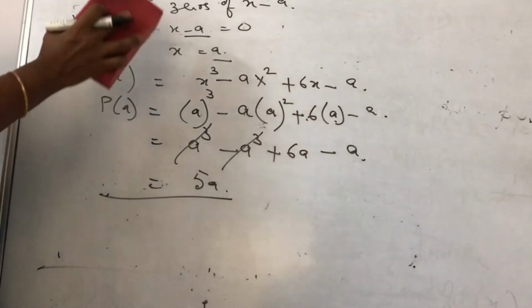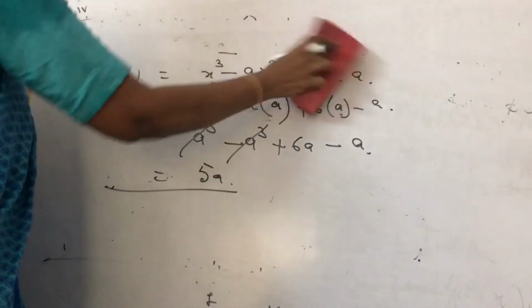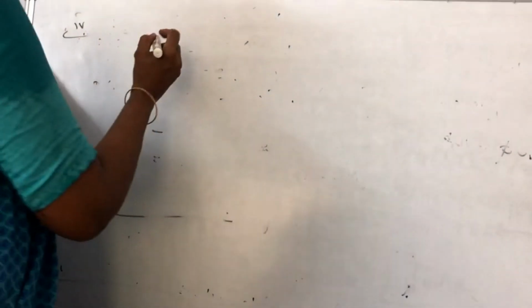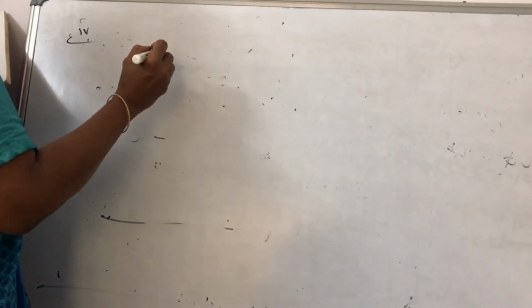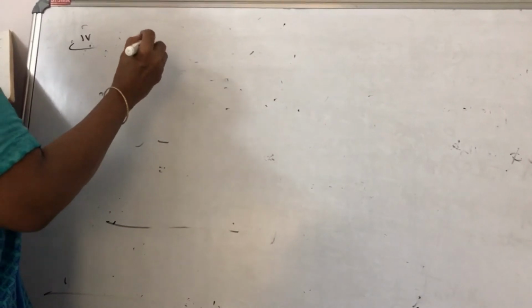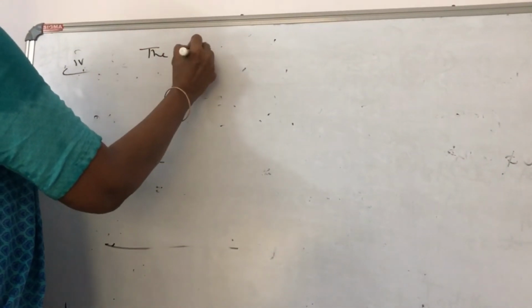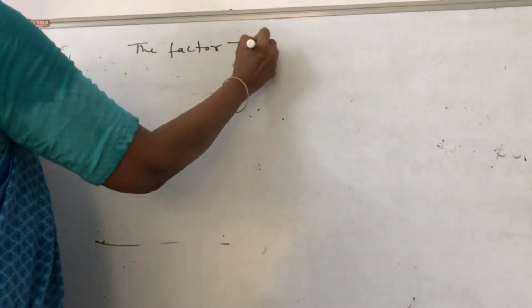Third sum. Check whether 7 plus 3x is a factor of 3x cube plus 7x. Your factor is what, children? The factor is 7 plus 3x.